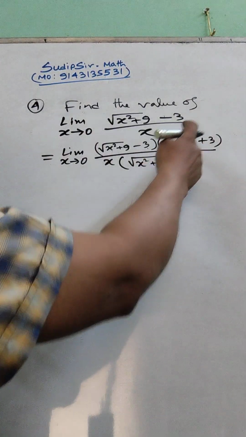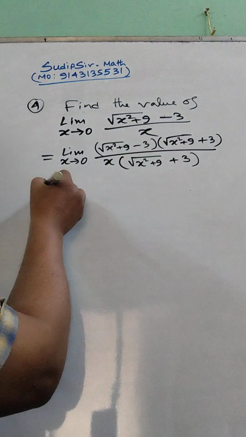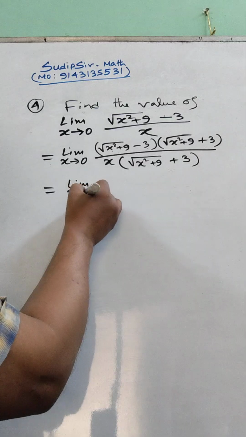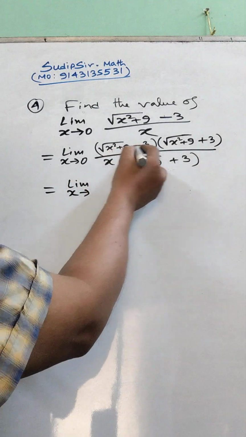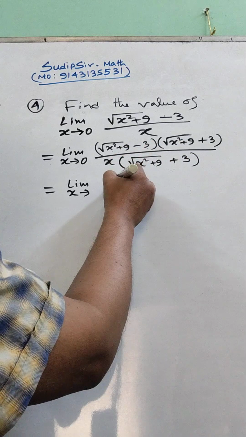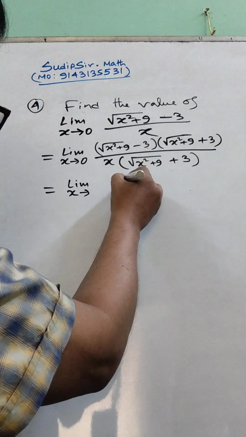Okay. So this is cancelled, and rationalize, simplify it. Limit x tends to 0. This is a minus b into a plus b. You know a plus b into a minus b means a square minus b square.